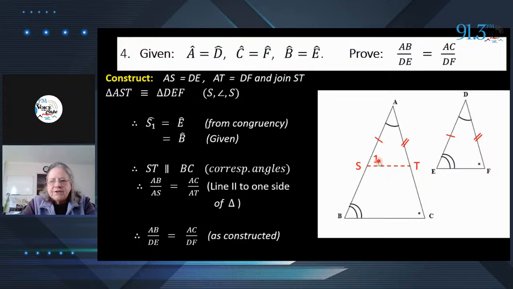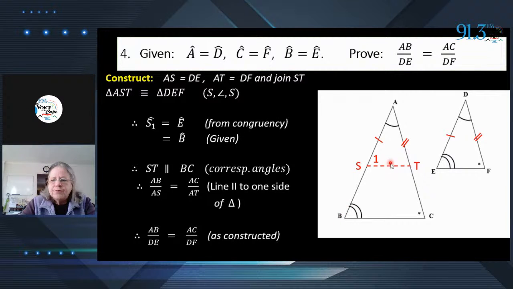Now, if we have that situation, that S1 on the picture is equal to angle B, we can now conclude that ST is parallel to BC because we have corresponding angles here. S1 and angle B are corresponding angles. And because they're equal, we can conclude that this is parallel. So now once we have this parallel line, we have the theorem that says if a line is parallel to a third side, it divides the other two sides proportionally.